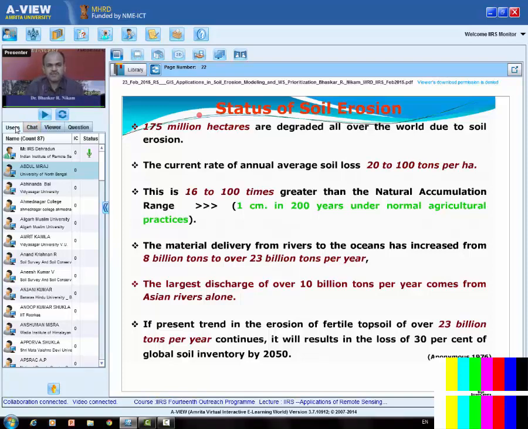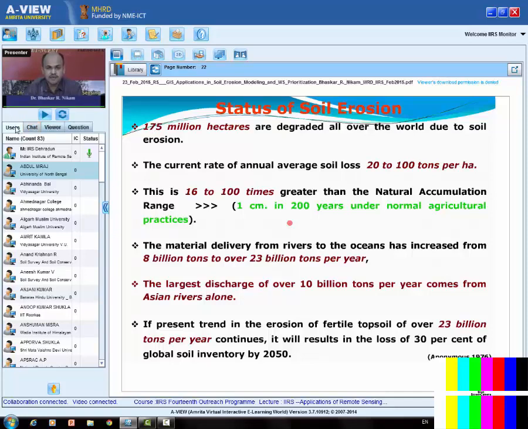So just to discuss, I'll try to highlight some things. Globally, 175 million hectares of land is degraded because of soil erosion. The current rate of annual average soil loss ranges from 20 to 100 tons per hectare. And the rate of erosion is 16 to 100 times more than the natural soil accumulation rate, which is 1 centimeter of soil formed in normal agriculture practice in 200 years.